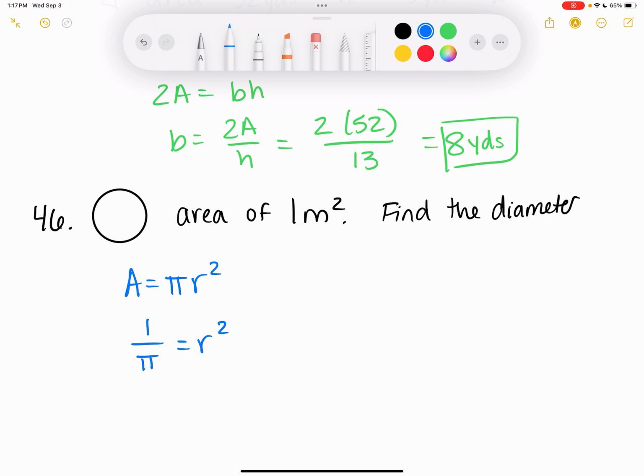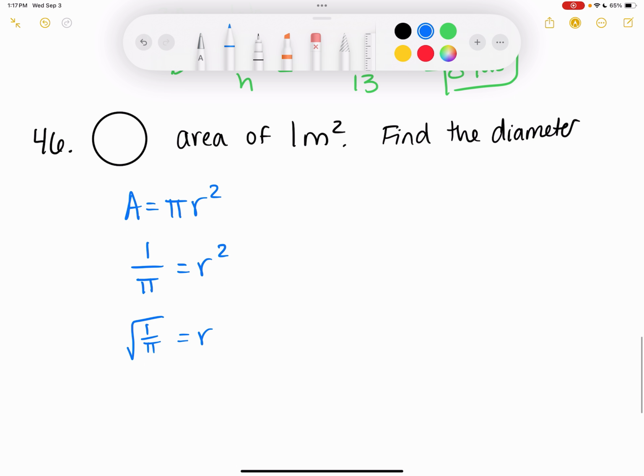Then I'm going to take the square root of both sides. So I'm going to have the square root of 1 over pi is equal to r. Now, if you remember from algebra, this is the rule that most commonly gets forgotten when we take the square root of both sides. Typically, we have a plus or a minus. But can I have a negative distance at any point? I can't. So I only need the positive one in this case.